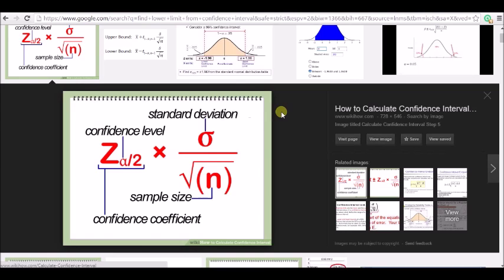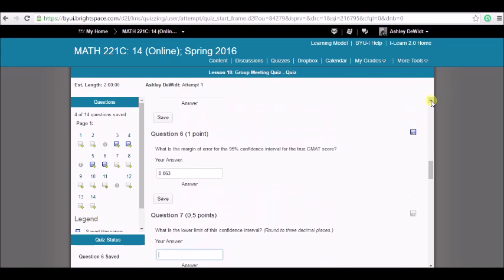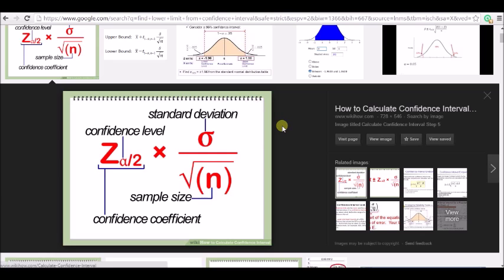Let's see. So for 7, would that just be the answer for number 5 minus the answer for number 6? 526 minus 1 point... I think I found an equation for it. Check for a second.